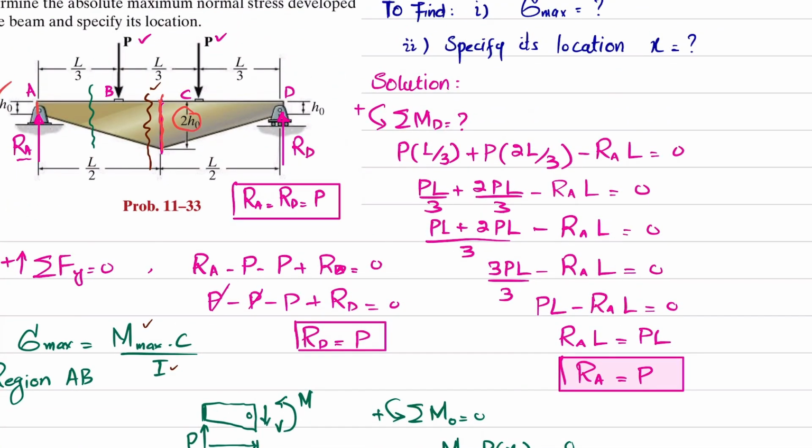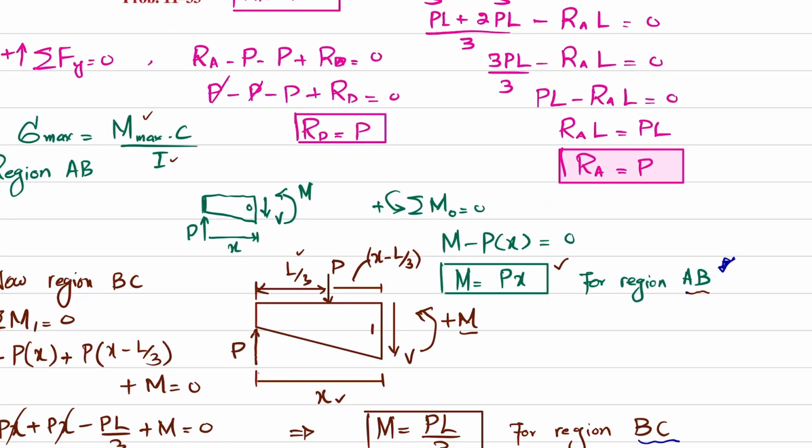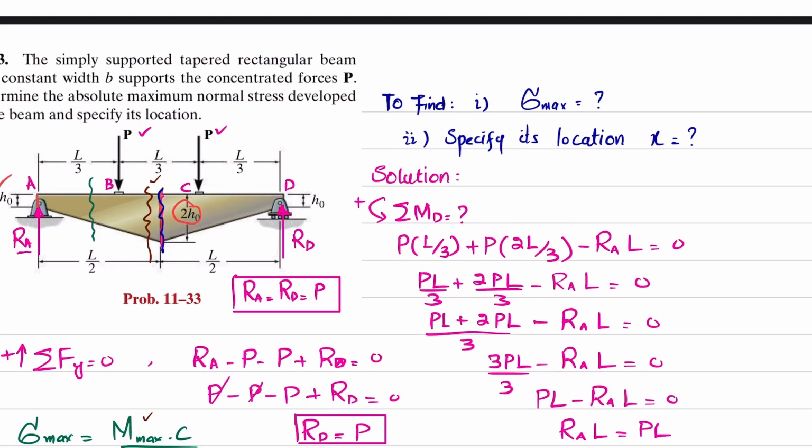You can see here at this region BC, the bending moment from the equation is constant, and the height or size of this beam is larger than that of region AB. So we will consider that the maximum stress will occur in region AB and not in BC, because BC is constant.